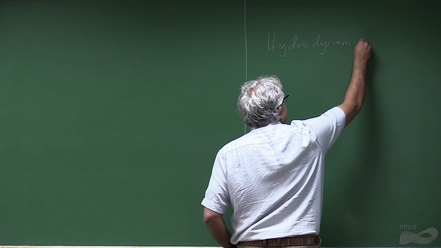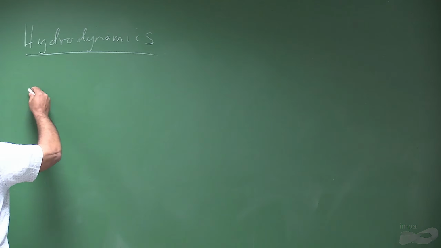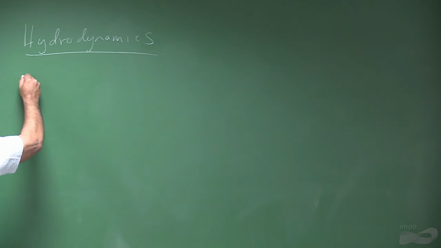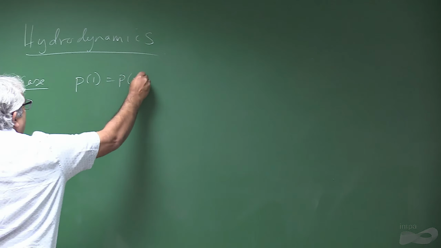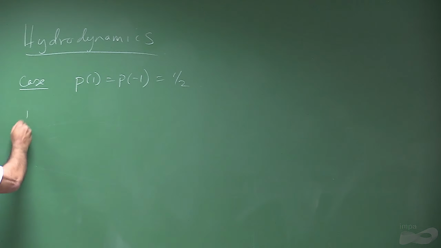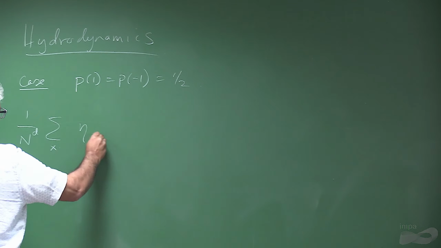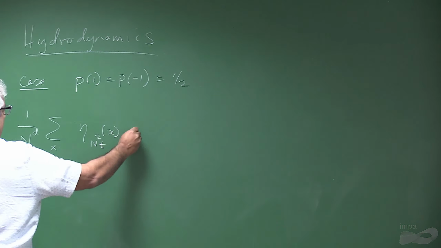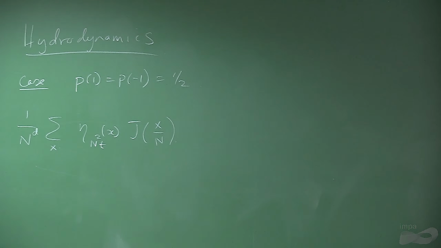We'll get to the tagged particle in just a minute, but things are different whether the jumps are symmetric or not symmetric. In the case p(1) equal to a half, I'm introducing some scaling.